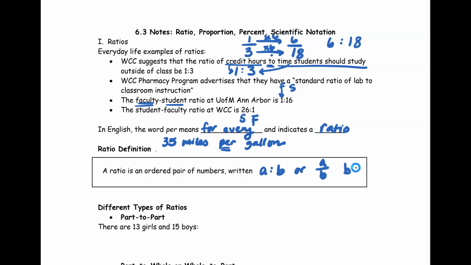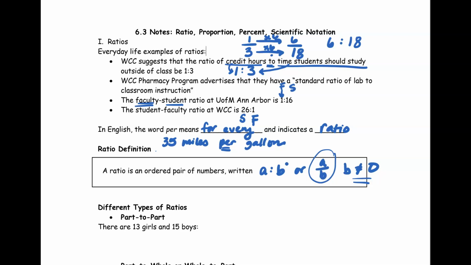Now the definition states that B cannot be 0. So think about why B might not be 0, particularly when written as a fraction. You can see it a little bit better: the denominator of a fraction can never be 0. That's why we add this note here. But in real life, it's possible for B to be 0.